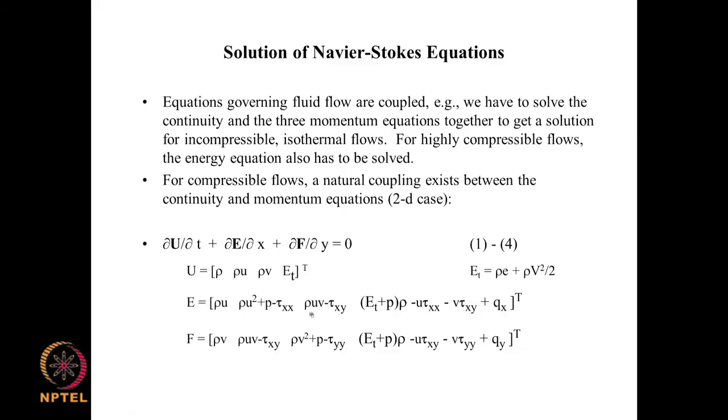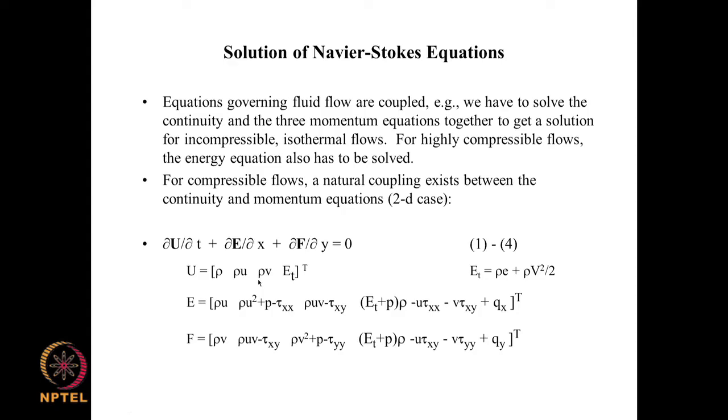So we rewrite it like this and say that this equation in terms of the vectors U, E and F actually represents 4 equations. In the case of 2D, these are the conservation of continuity, conservation of x momentum, conservation of y momentum, and conservation of total energy consisting of internal energy and kinetic energy. This is the form of the equation that we would like to solve. These are the coupled equations that we are trying to solve.